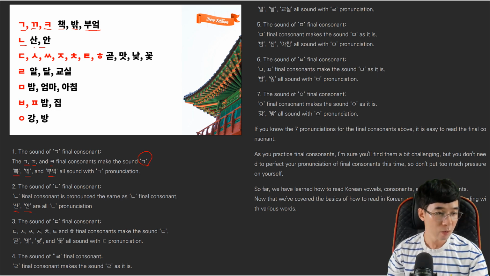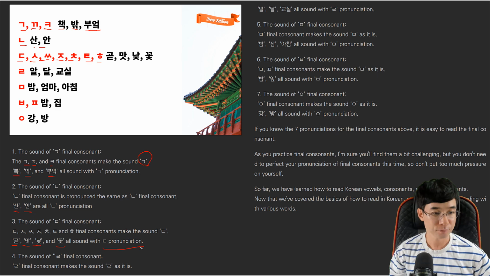For example, 곧, immediately, 맛, flavor, 낮, afternoon, and 꽃, flower. 곧, 맛, 낮, 꽃 all sound with 디귿 pronunciation.